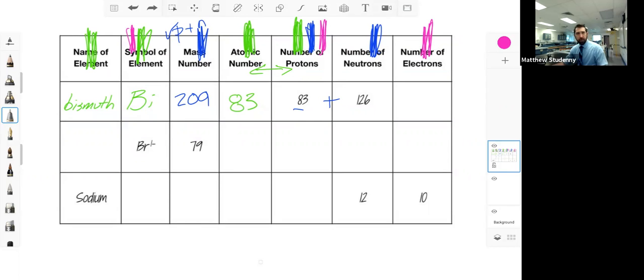And if there is no overall charge and the atom is neutral, that means that these protons and these electrons must be the same number. I know there's 83 protons. I figured that out very early on, and it was given to me in this one. That means I'll have 83 electrons. So 83 electrons, each negative, 83 protons, each positive. That cancels out as neutral, and you are done with that first example.